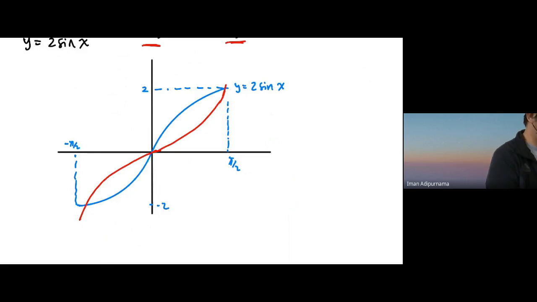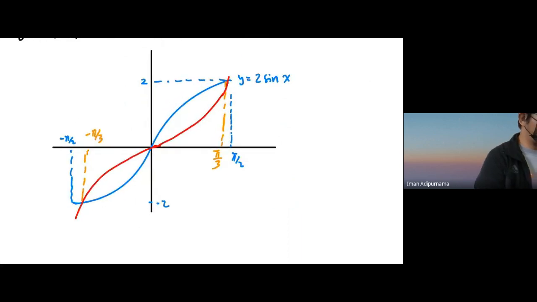Maybe here. Yeah, my graph is not really proportional, but it should be intersection at pi over 3. Okay? And then we need to find the area between these two curves.